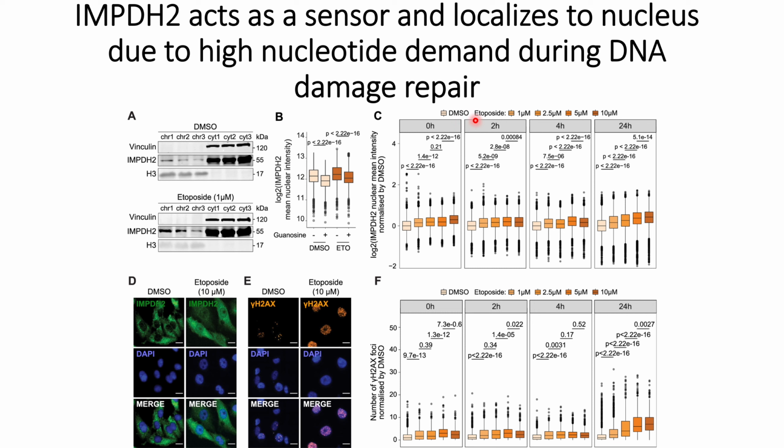They treat with adipocytes at different concentrations, that is 1 micromolar, 2.5 micromolar, 5 micromolar, and 10 micromolar, and check the IMPDH2 at different time intervals after the cells are removed from adipocytes and kept in the adipocyte-free media.